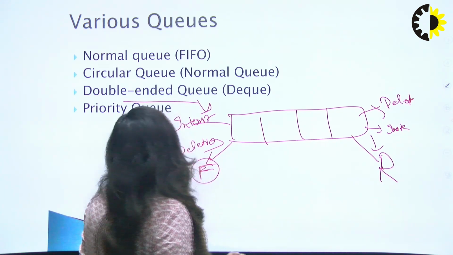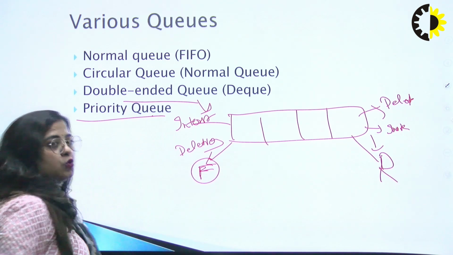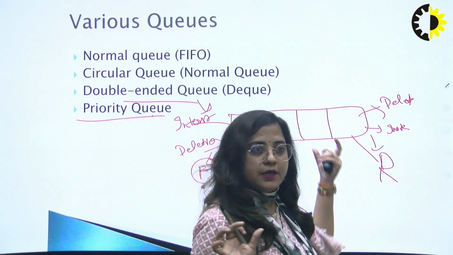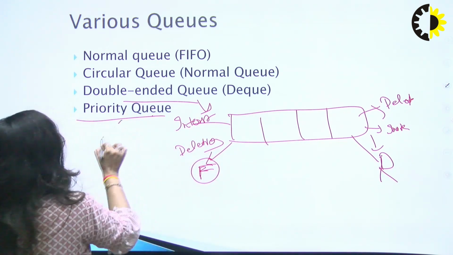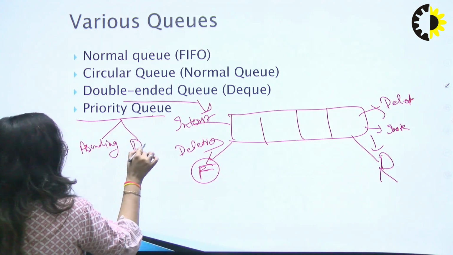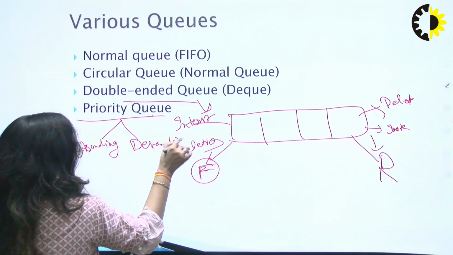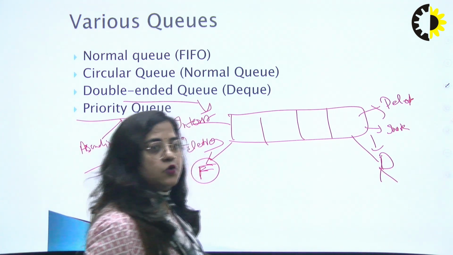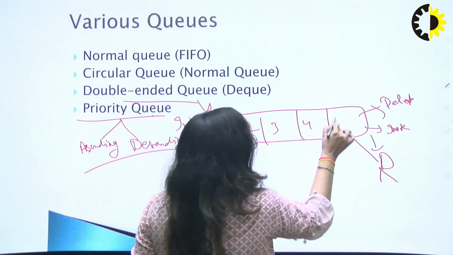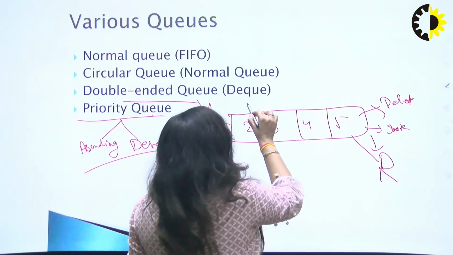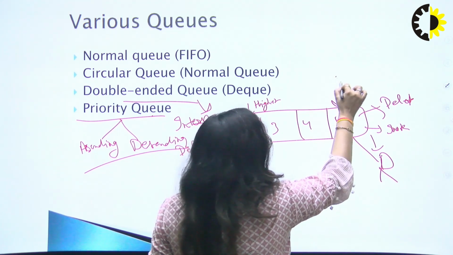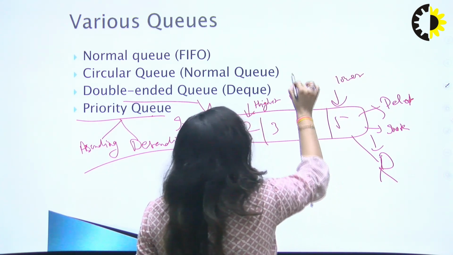Priority queue means here each queue element has one priority associated with it. This is also classified into two types: ascending and descending priority queue. Here we use ascending and descending priority queue with 2, 3, 4, 5. So according to this, in ascending, this number has higher priority and this number has lower priority.